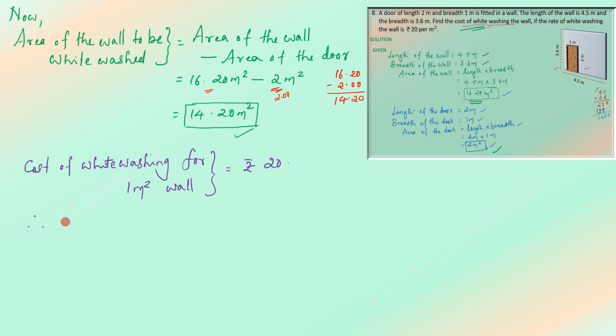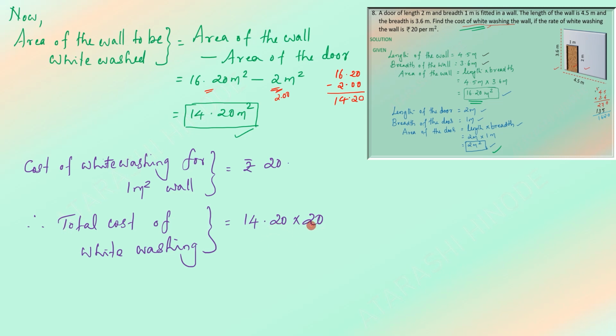Therefore, total cost of whitewashing equal to this area to be whitewashed into 20, that is 14.20 into 20. You can write 14.20 as 14.2 also.